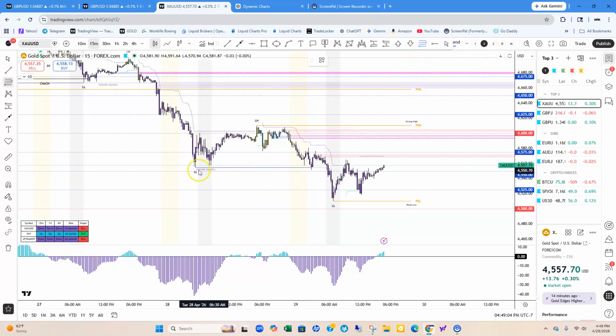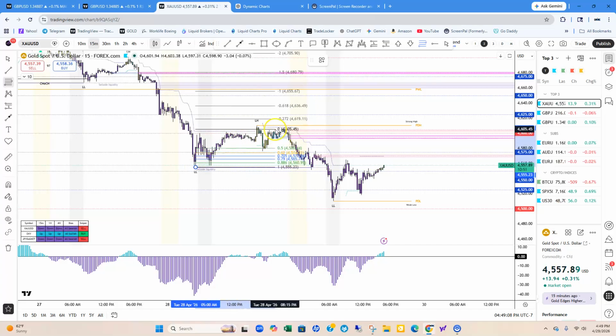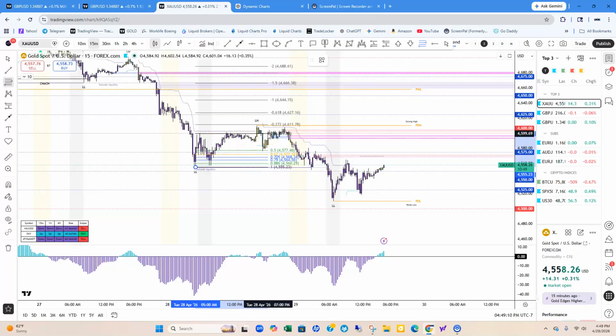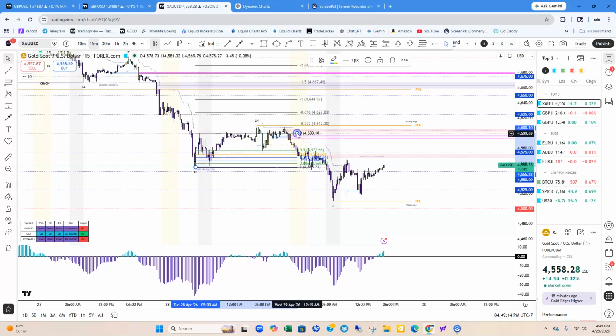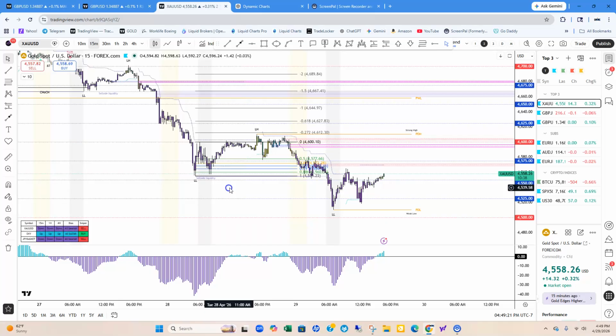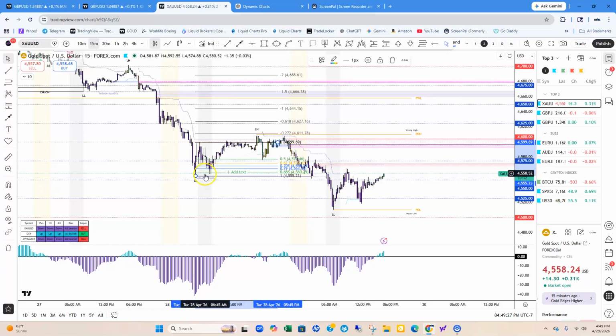So if you would have taken it from the low to this little high right here, and waited for it to pull back into your fibs, as you can see, this pulled back to the 88.6 and gave you multiple rejections.